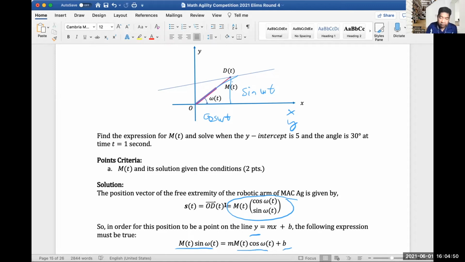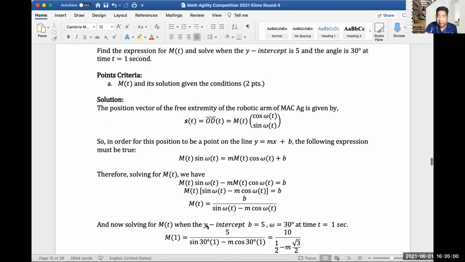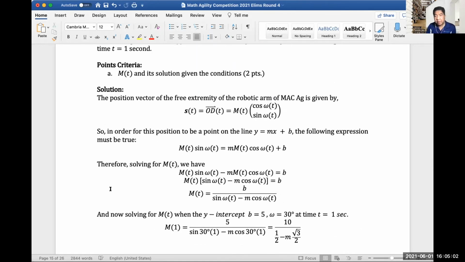Okay, so now we form the equation of the line using these parameters, and we will be able to solve for m of t from here, right? This is just algebra, so m of t would be equal to b over sine omega t minus m cosine omega t.